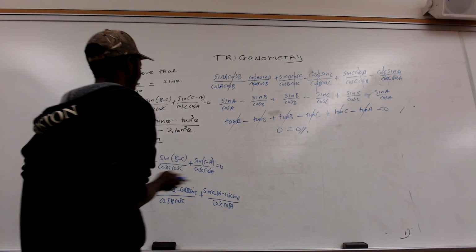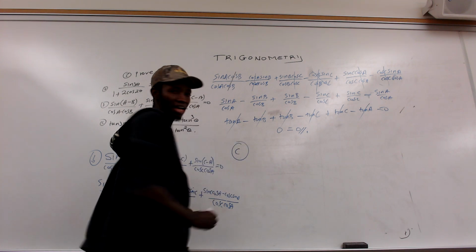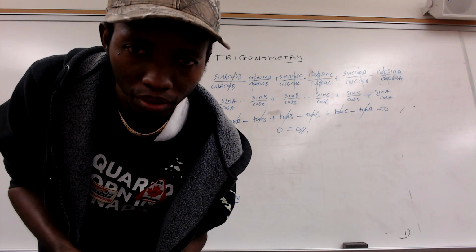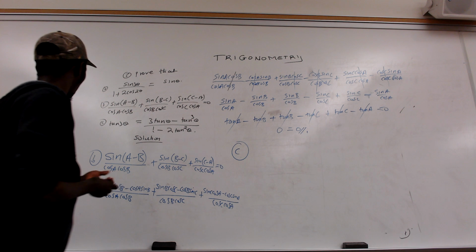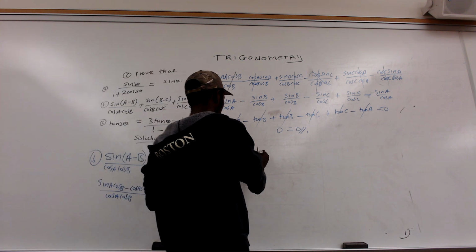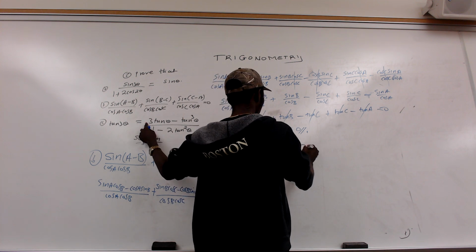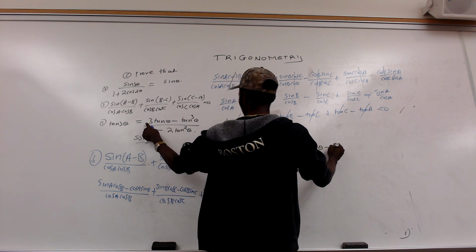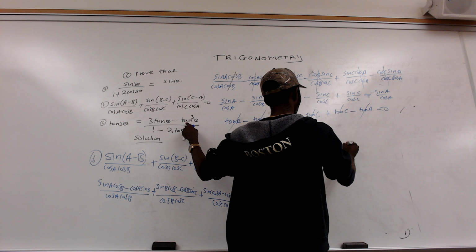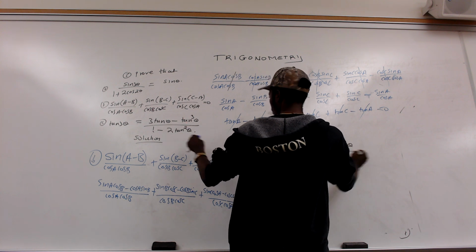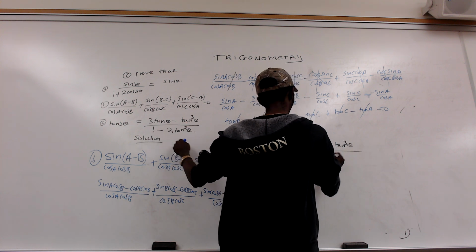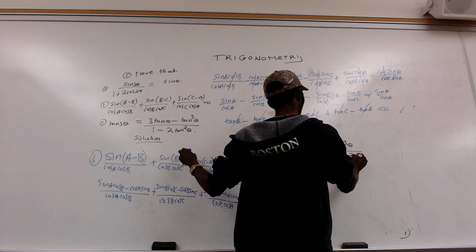So we take the last part of the problem given, part C. We are given tan 3 theta equals 3 tan theta minus tan cube theta divided by 1 minus 3 tan square theta.